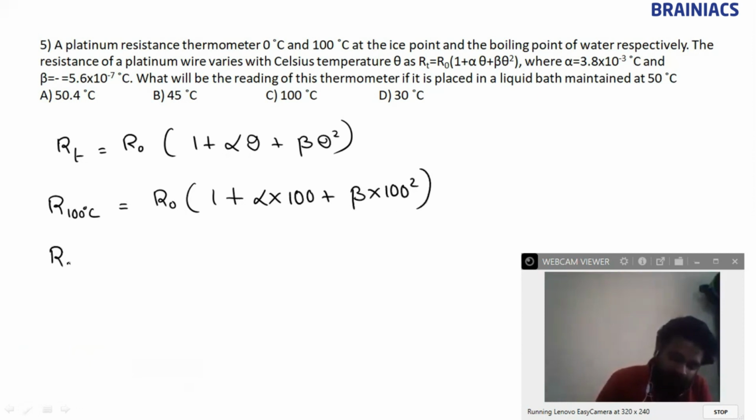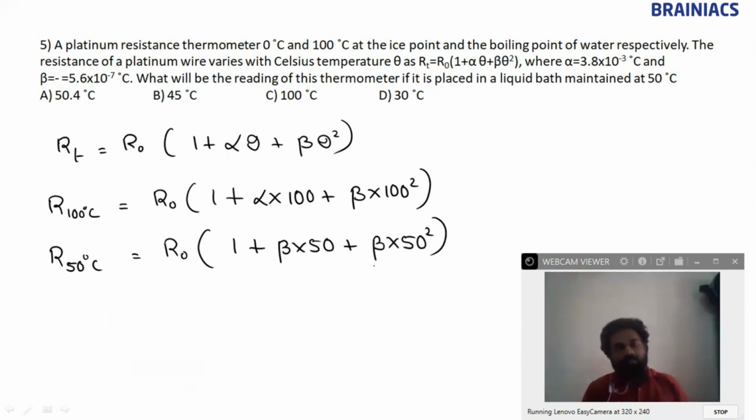Suppose if we need to find the resistance of the wire at 50 degrees Celsius, we need to do like R naught into 1 plus alpha into 50 plus beta into 50 square. Correct. So this is how we can see the resistances of wire at various temperatures.